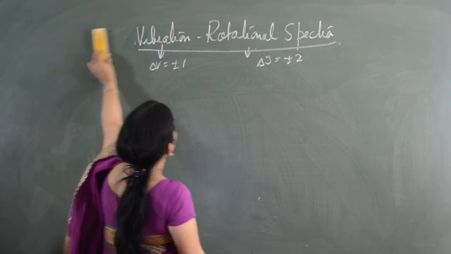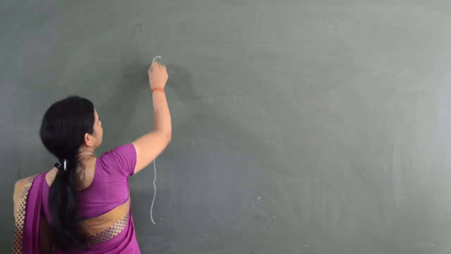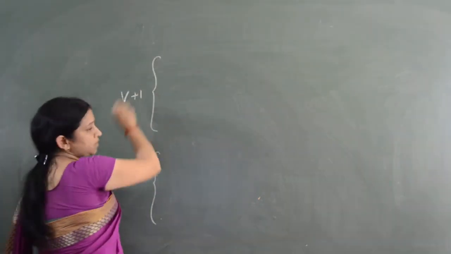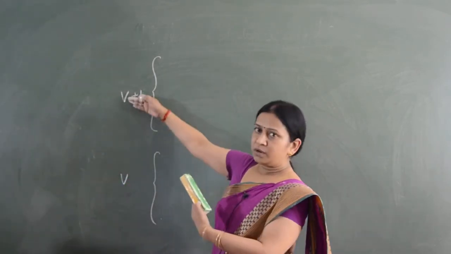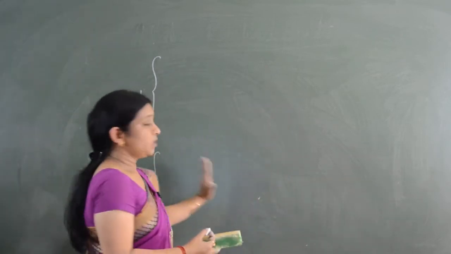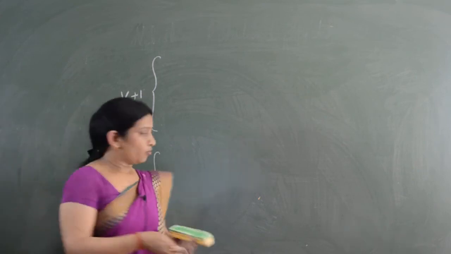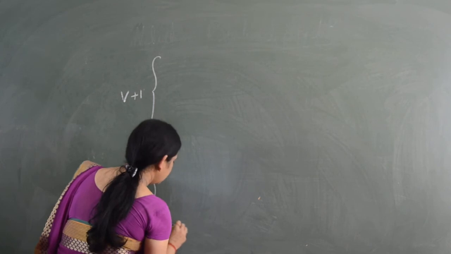To draw the vibrational rotational spectra, suppose this is V and the transition is to V plus 1. This is vibrational change, and the transition is plus minus 1, and within vibrational energy level we have got rotational energy levels. So, to draw rotational energy levels, these are the rotational energy levels.